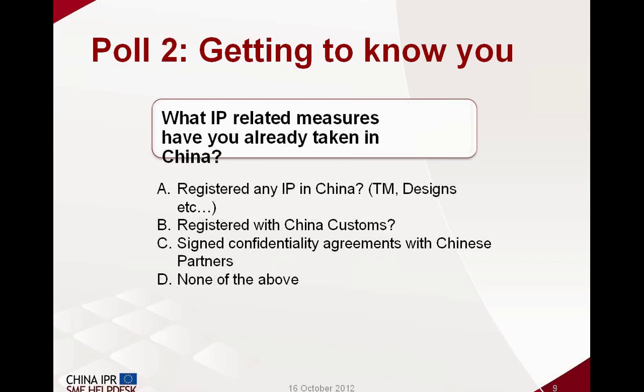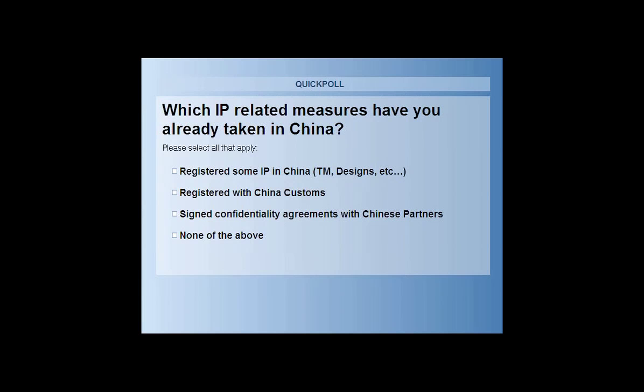Yeah. Okay. Well, that's actually our third poll in a sense. Our second poll has more to do with what you have done in terms of IP. So, what intellectual property related measures have you, the audience, already taken in China?